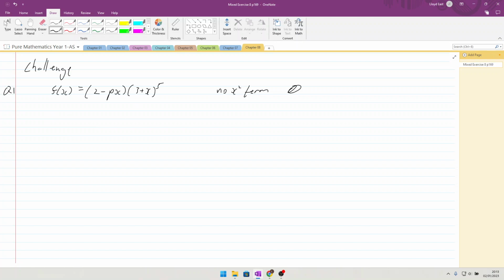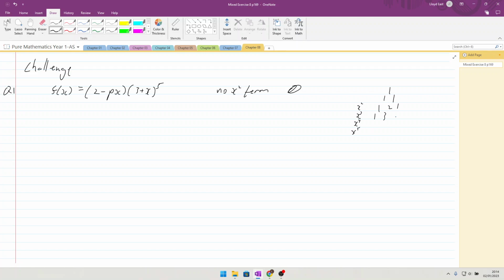Let's work on (3 + x) to the power of 5 first. As we've done before with Pascal's triangle, if we start with 1, 1, 1, 1, 2, 1, that's your x squared at that point, and then x to the power 3, x to the power 4, and x to the power 5.